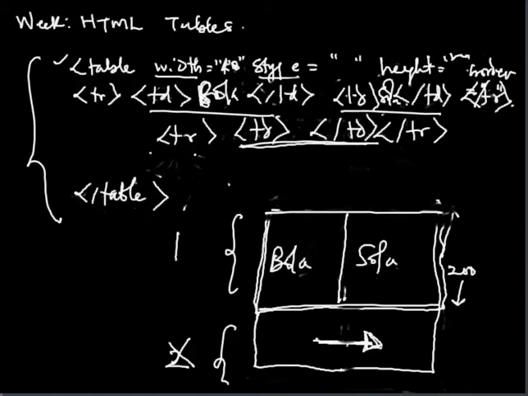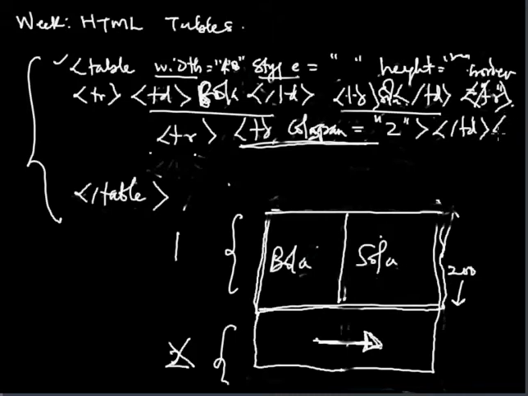The only way we can do that is by changing our table data. We can add a particular feature to our table data by saying colspan, because this is 1, 2, we say equals to 2, we close it, td and tr, we close this out also.